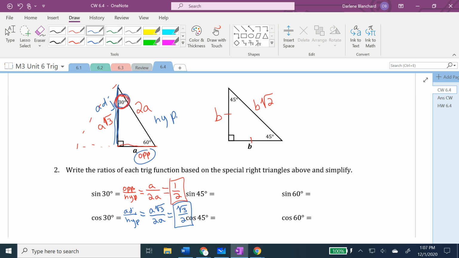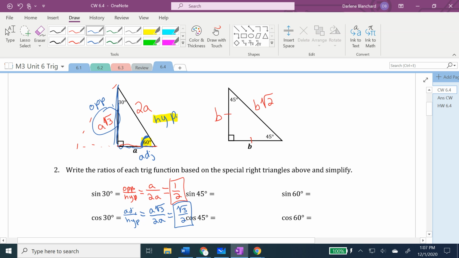When I change from looking at 30 degrees to instead looking at 60 degrees, the hypotenuse is still the hypotenuse, but opposite and adjacent swap. So with 60 degrees, this leg is helping to make the angle and it is adjacent. This leg is opposite.